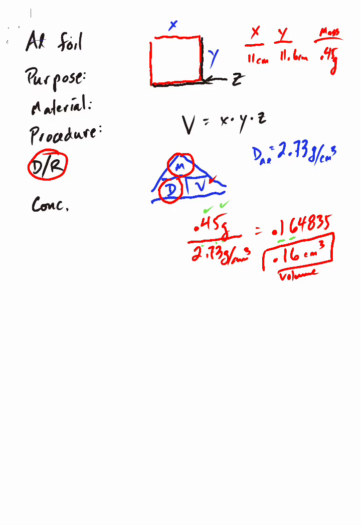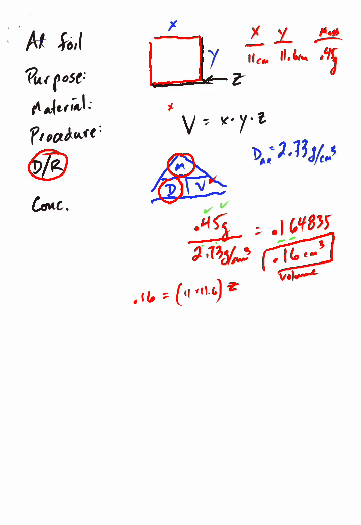So this is my answer for my volume. And I know that the volume, like I just said above, is x times y times z. And I know what x times y is. So I'm going to write this out. 0.16 will equal x, which is 11, and we're going to multiply it times 11.6. And then out here is going to be z.